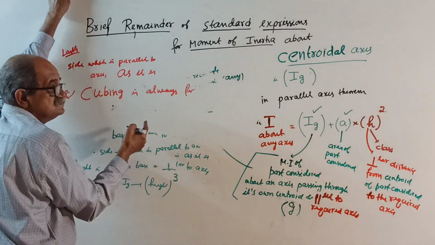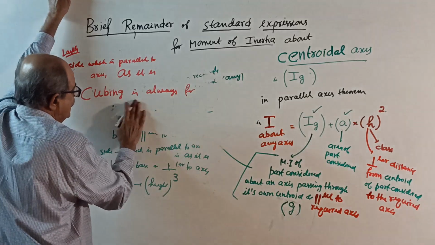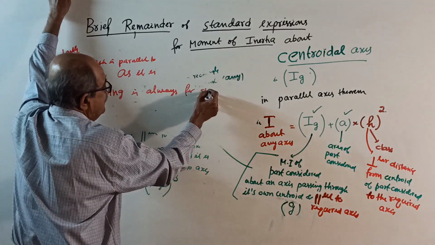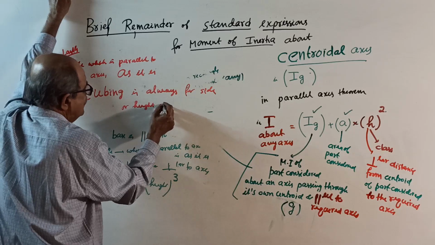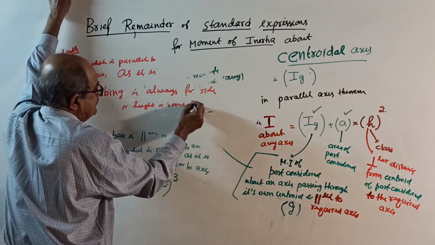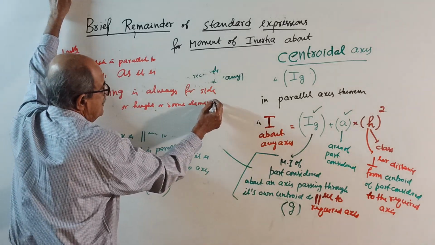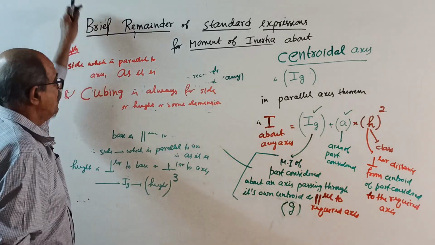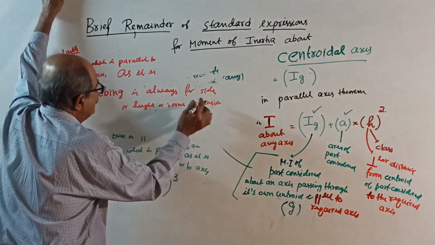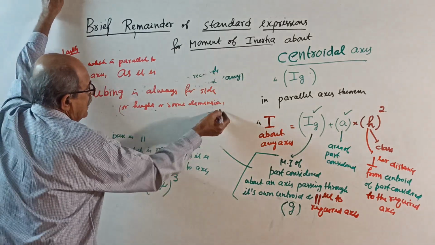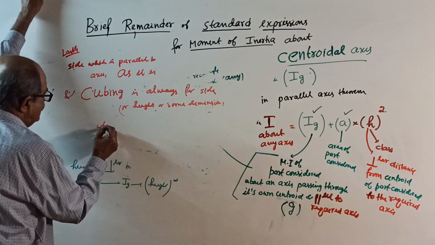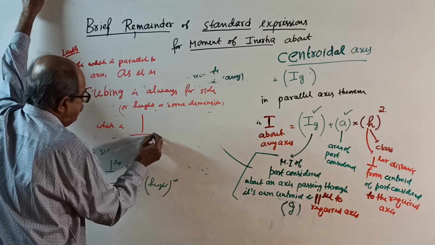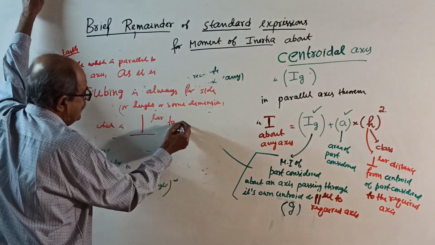Cubing is always for height, I can call for side or height or some dimension, anything, some dimension. Rectangle you call side only. Cubing is always for the side or height or dimension which is perpendicular to axis.